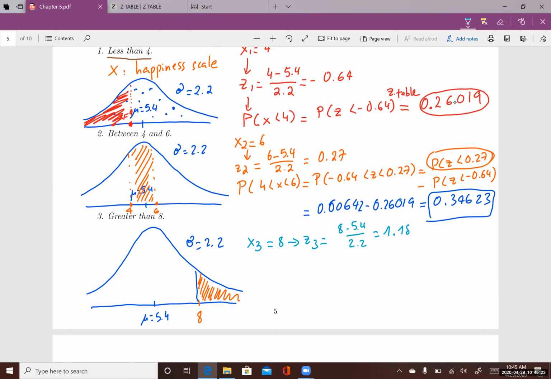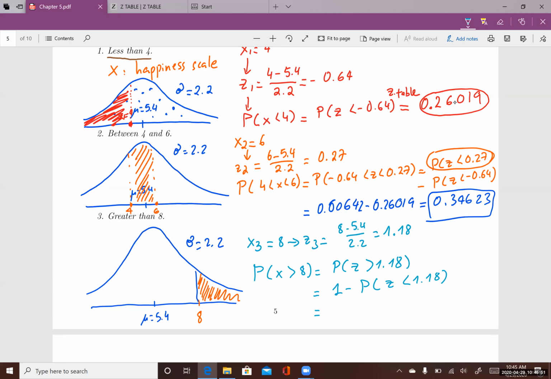1.18. And then you want to find the probability of picking an x value that is greater than 8, which is the same as the probability of picking a z value that is greater than 1.18. And which is the same as 1 minus the probability of picking a value that's less than 1.18.